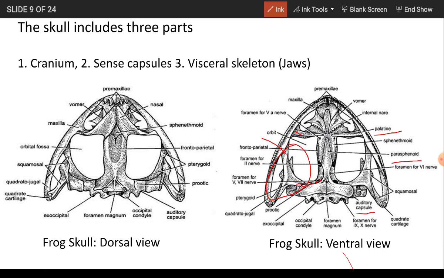So this is the posterior limb, which is attaching to the quadratojugal as well as the quadrate cartilage. The pterygoid also contributes to the posterior ventral margins of the eye orbits on its side. The pterygoid bone is also contributing to form the margins of the eye orbit on this side.